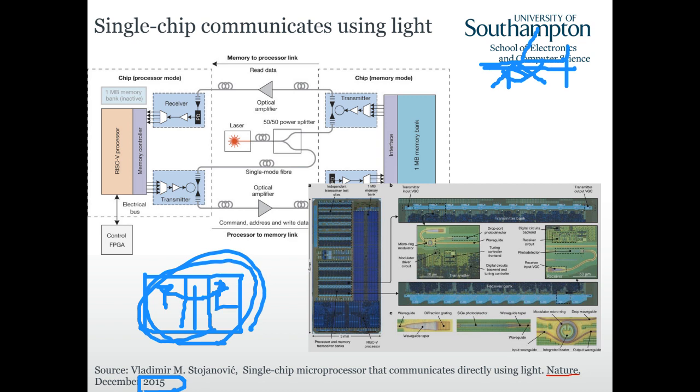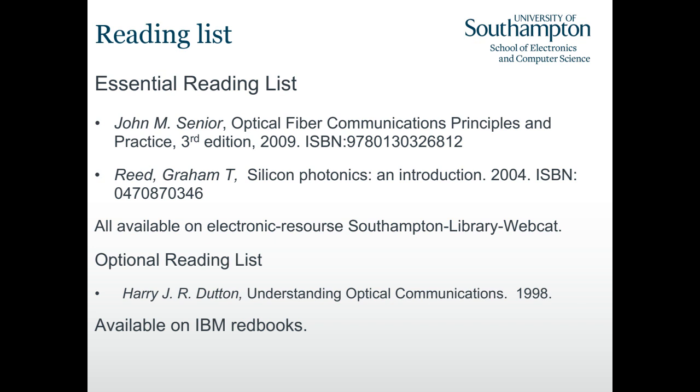So it can help us to better achieve the carbon neutrality goal. So optical communication can be really, really local. It can also be very long distance. It can connect, for example, America and Europe. Okay, here's a reading list. There are 3 books. They can all be found in the library.